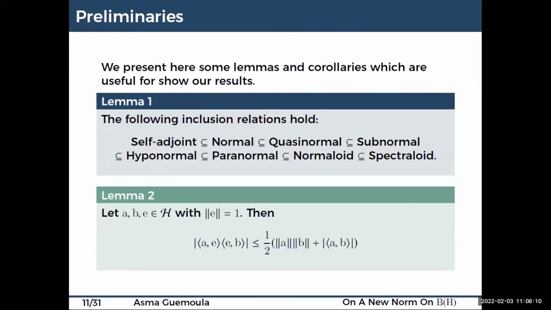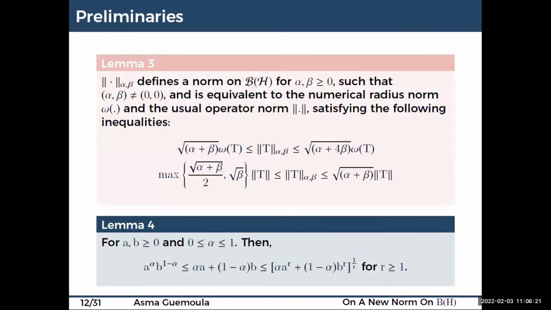Let A be in B(H) and x in H with norm of x equal 1, then we get this inequality. Lemma 3. The alpha-beta norm defines a norm on B(H) for alpha and beta positive, not both nil, and is equivalent to the numerical radius norm omega and the usual operator norm, satisfying the following inequalities.